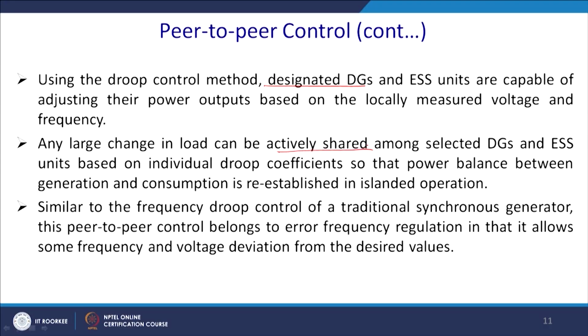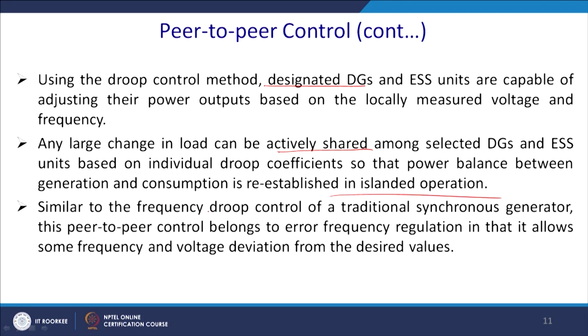Any large change in the load can be actively shared among the selected DGs and ESS units based on the individual loop coefficient, so that power balance between the generation and the consumption is re-established in islanding operation.